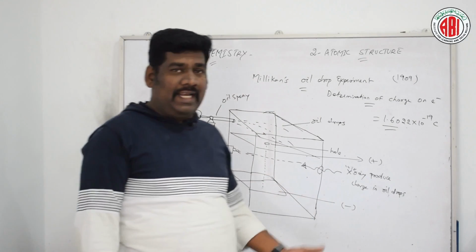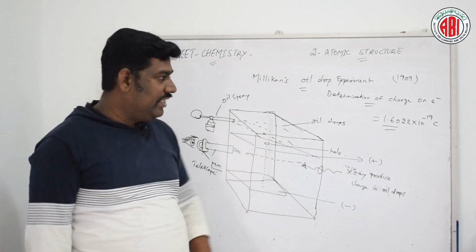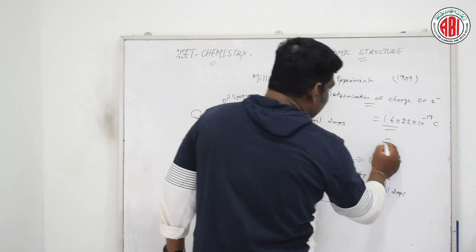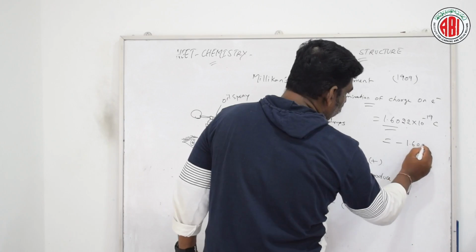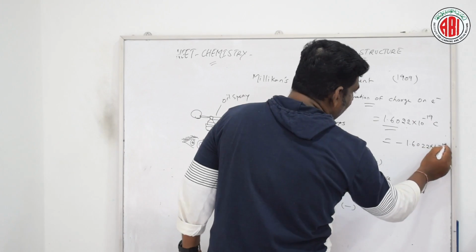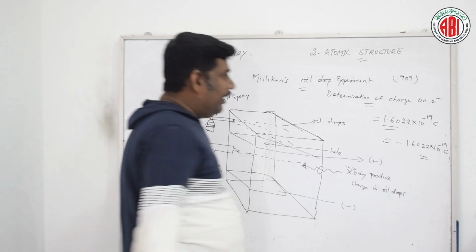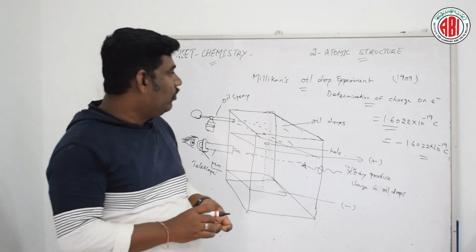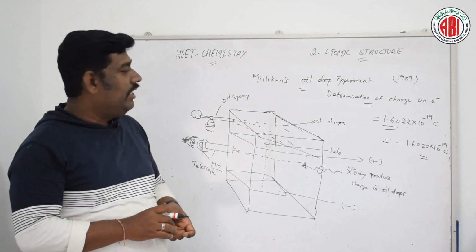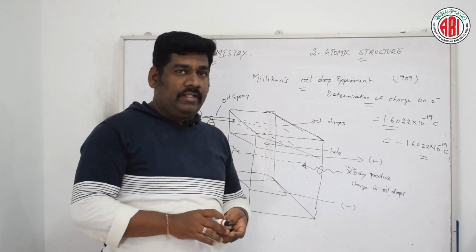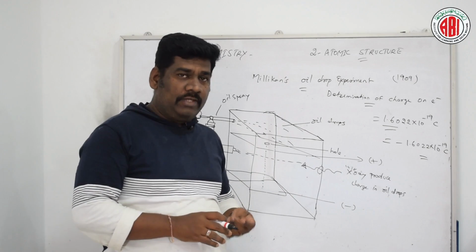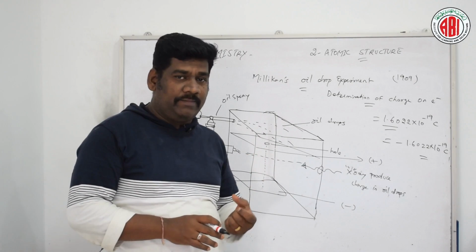Though the electron is negatively charged, so the value we get is minus 1.6022 × 10^-19 coulomb. In this way, Millikan was able to perform his oil drop experiment. Now look at this picture, and you can understand this experiment in detail.